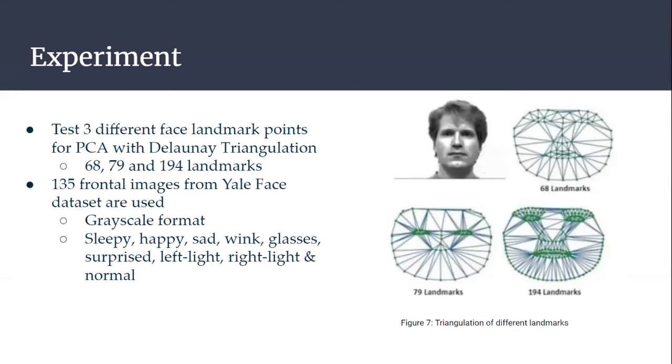As I mentioned before, we are using 135 frontal images from the face dataset, and they usually come in grayscale format, and there are several variant images for each individual in the database, and that could contain sleepy, happy, sad, wink, glasses, surprise, left light, right light, and normal.